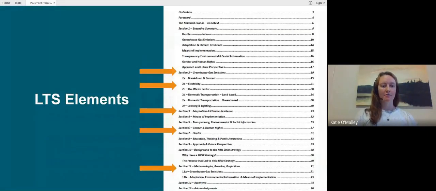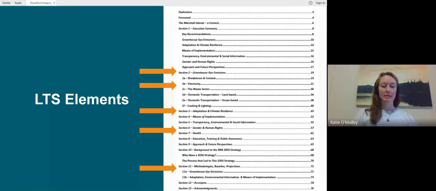Great, so here we have on this slide a few sections of the Marshall Islands LTS through their table of contents, which we think is an easier way to see all of the components of an LTS. After a background in Section 1, Section 2 discusses greenhouse gas emissions and goes into detail based on the sector.